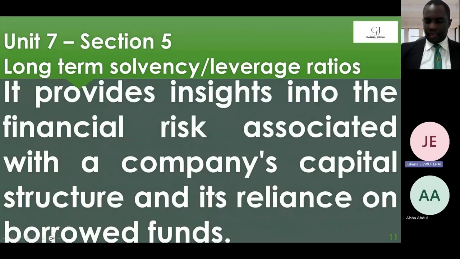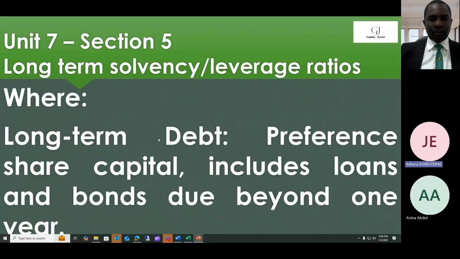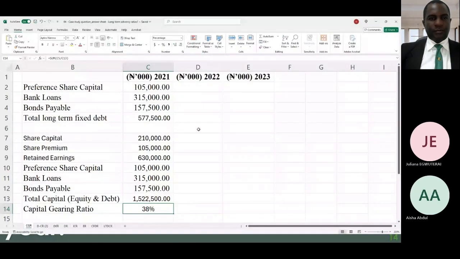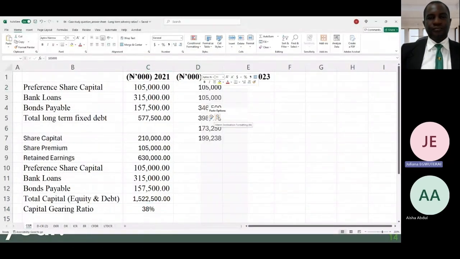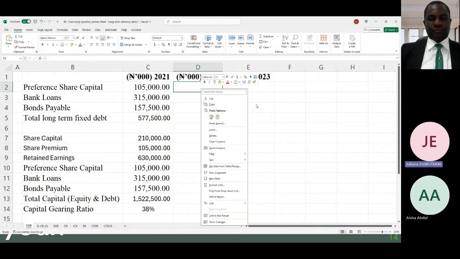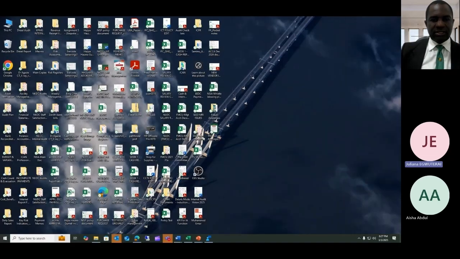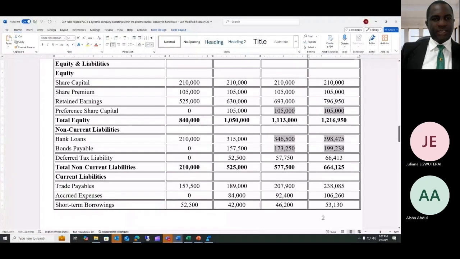On the calculation you did, can I see it, please? Okay, your equity. They already gave the total equity, and if you pick the total equity, it's fine.